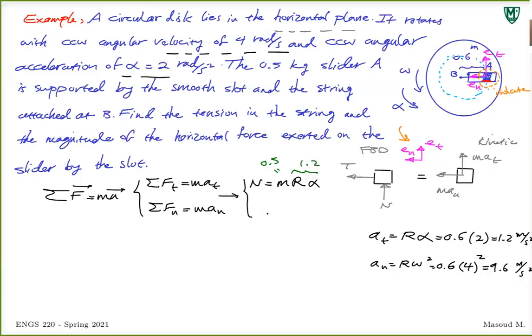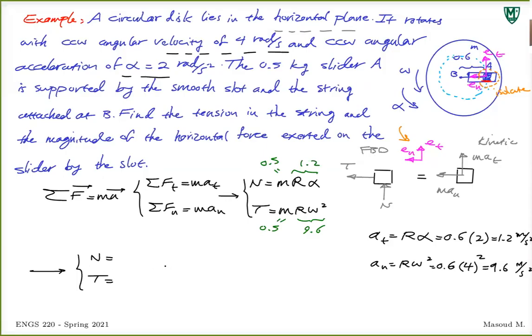In the normal direction, T is to the left, so it's positive, and equals the kinetic diagram MAN, which is M R omega squared. M is given as 0.5 kilograms and R omega squared is 9.6. From there, you actually get your N and T. These are the two things that they asked for.